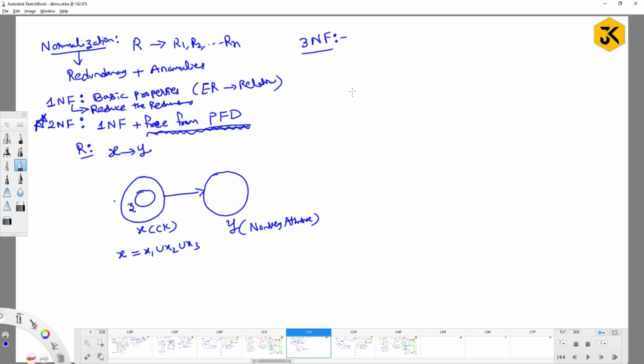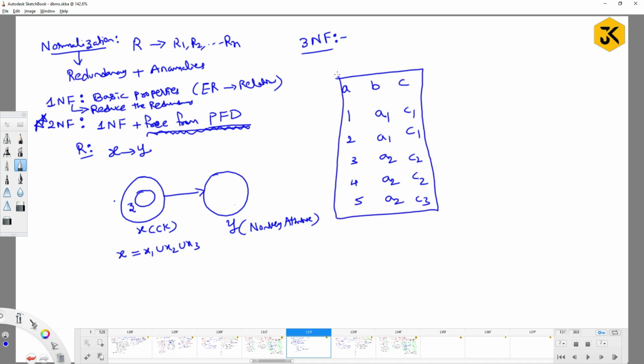If you take any relation, for example ABC, with values 1, 2, 3, 4 and 5 for A, and for B let us take A1, A2, C1, C2 and C2, right? This is a relation we are having. So with this, can I get various kinds of FDs or not?